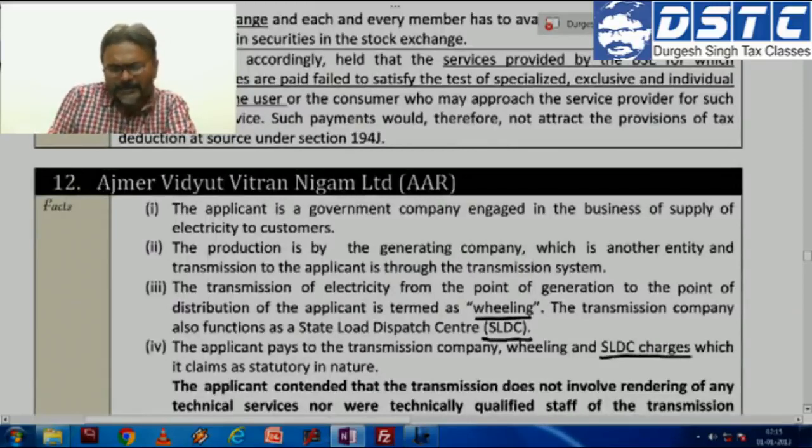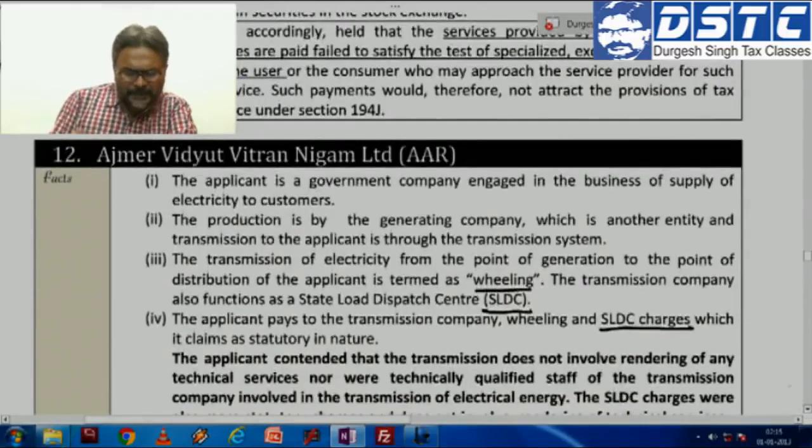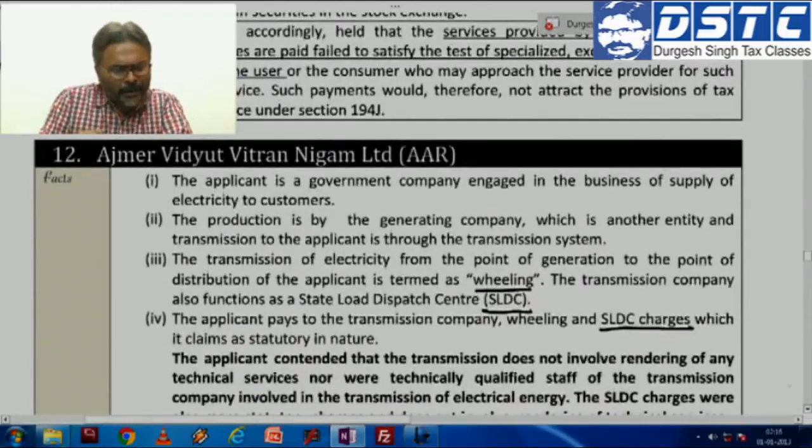My submission to all of you would be this: just read this case law, because you will not come to know, because they are very highly technical in nature, that on these specialized charges of the power generating company for which the payment, will it be considered as a technical service or not.